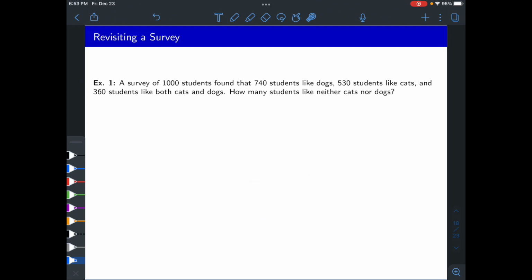So revisiting that survey from the beginning, we had 1,000 students surveyed, 740 like dogs, 530 like cats, 360 like cats and dogs. So we could say that the number of students who like dogs, where D is the set of students that like dogs, is equal to 740. The number of students in the cat set is 530.